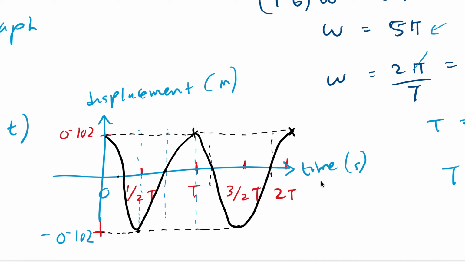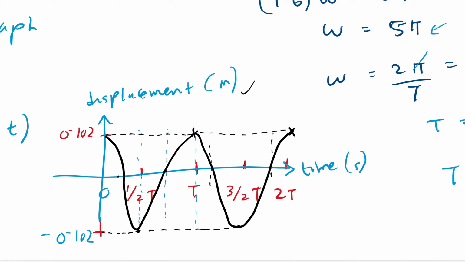You can label the time like this, displacement like this. You can put in the actual value of t, which is 0.4 seconds, then 0.8 seconds, or you can just write t or 2t, as long as you define what your t is. And in this problem, we already defined our t to be 0.4, so you can write it as t.